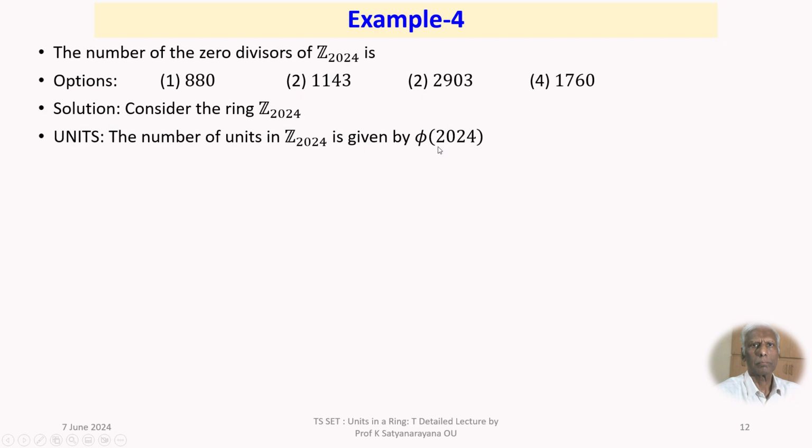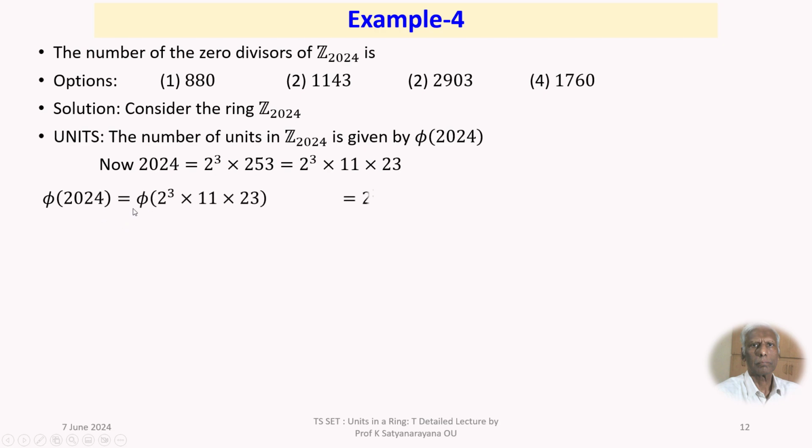How do we calculate Euler's phi function of 2024? We normally take 2024 and write its prime factorization. The prime factorization is 2 cube into 11 into 23. Then phi of 2024 is equal to phi of 2 cube into 11 into 23.